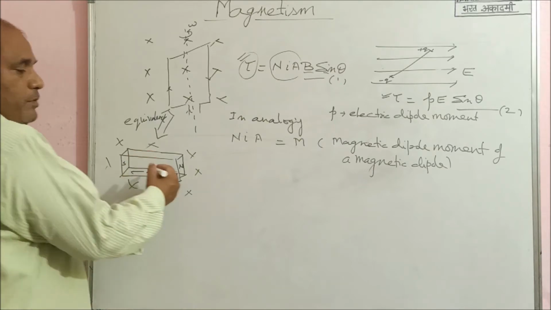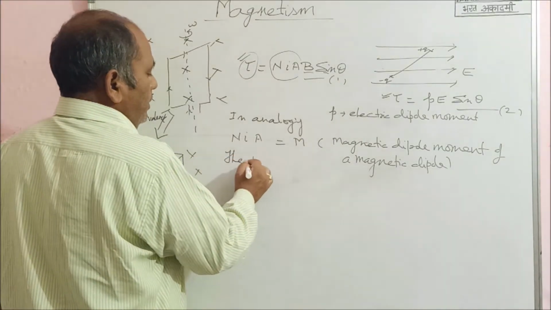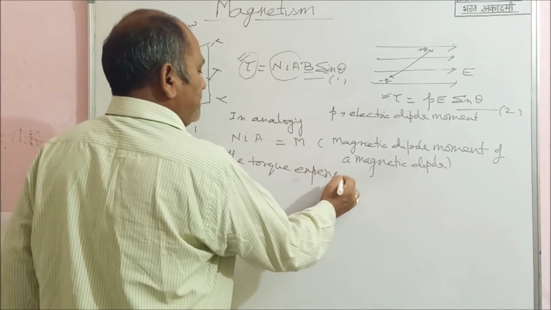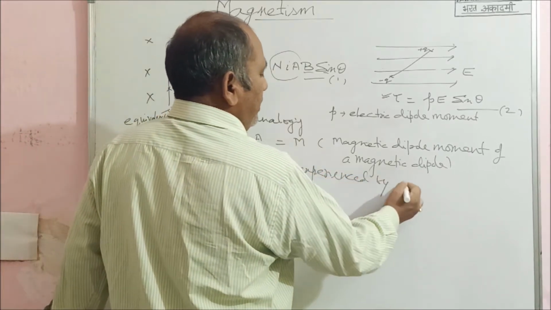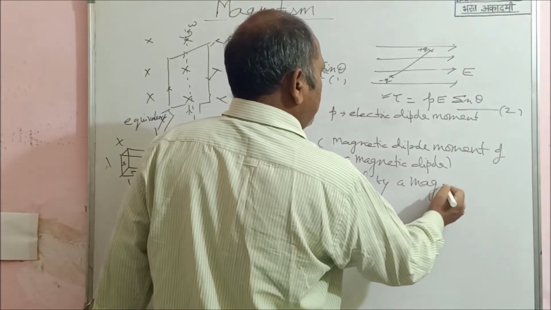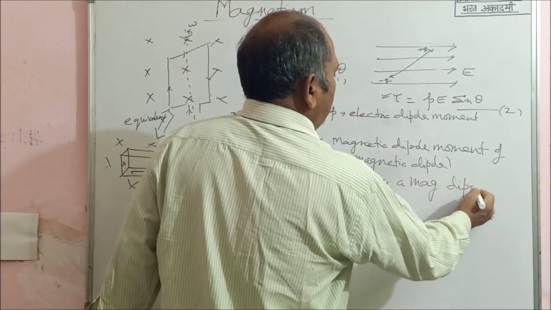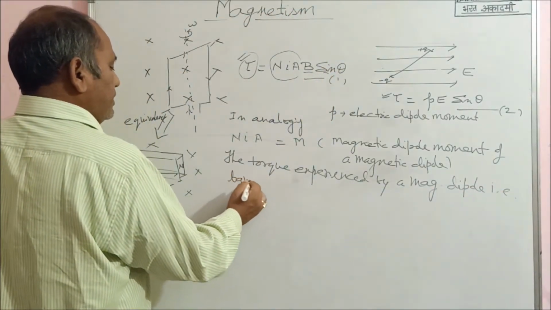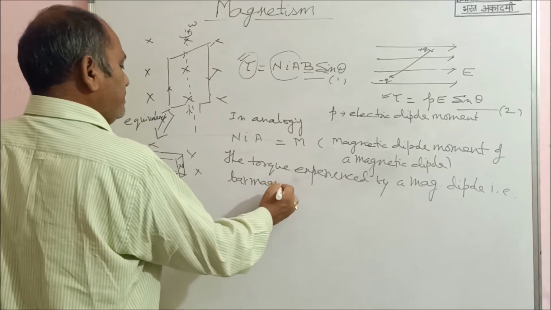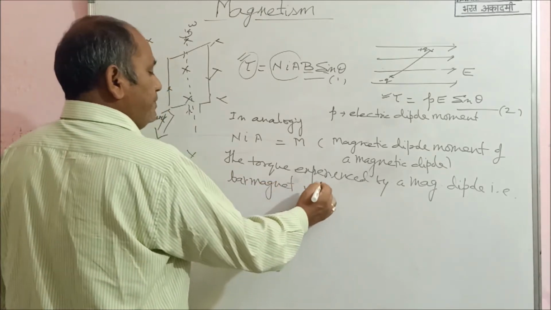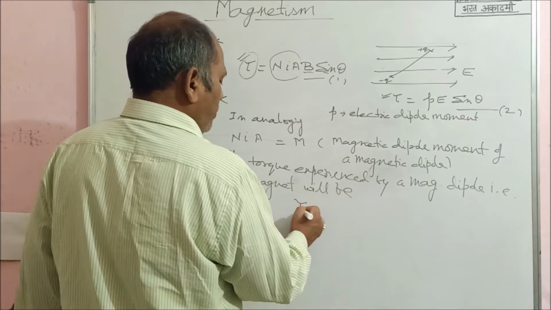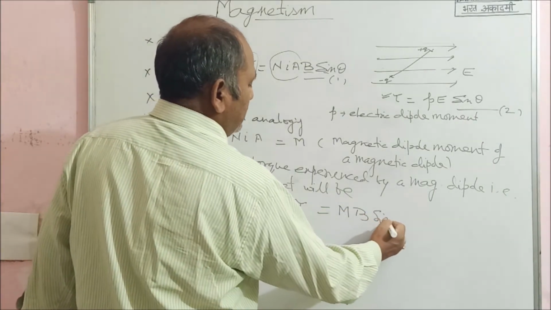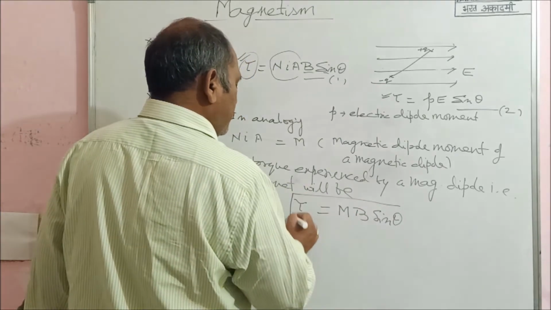So the torque experienced by a magnetic dipole, and a bar magnet is a simple case of a magnetic dipole, will be tau equal to MB sine theta, just like tau equal to PE sine theta.